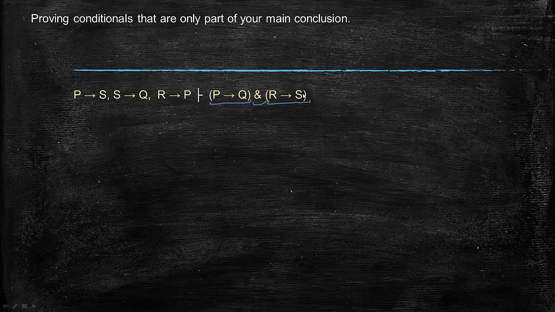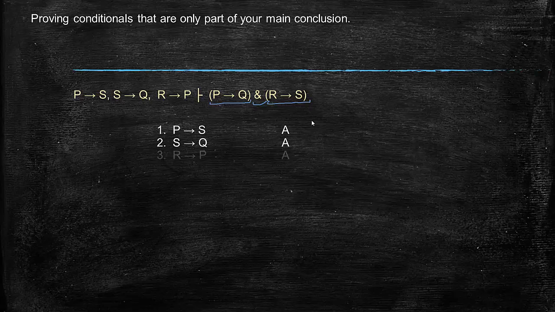And that's exactly right. You will prove if P then Q using one application of conditional introduction, and then you'll prove if R then S using another, and then you will put these two together at the end of the proof. It's actually a fairly straightforward process, right?